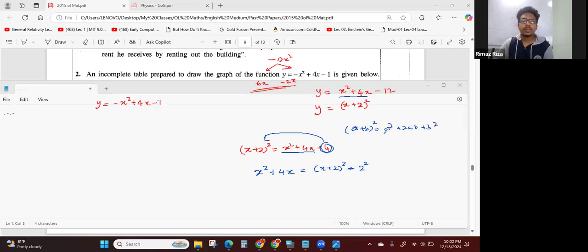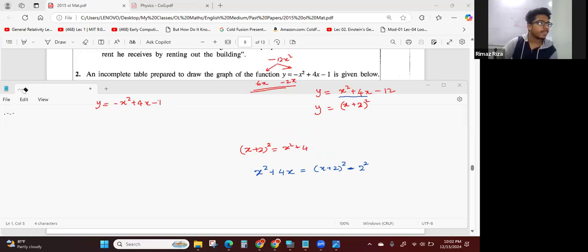The square of a binomial expression, these things you should know, right? So here this 4 actually came from the square of this term, which is 2 squared, which is 4. So you take this 2 squared to the other side, it becomes minus 2 squared.